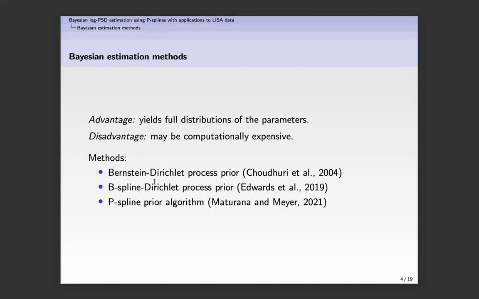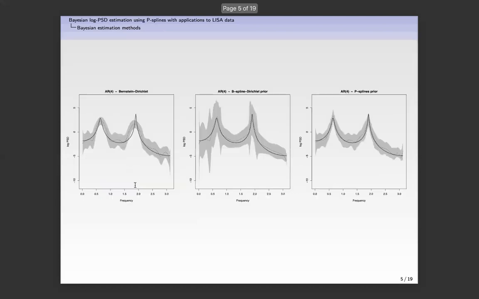A few methods have been proposed to estimate this function in a Bayesian way: the Bernstein method, the B-spline, and the P-spline. Here, I tested the methods in a case where we know the analytical PSD, which is the autoregressive model of order 4, in which the PSD is given by this continuous line.